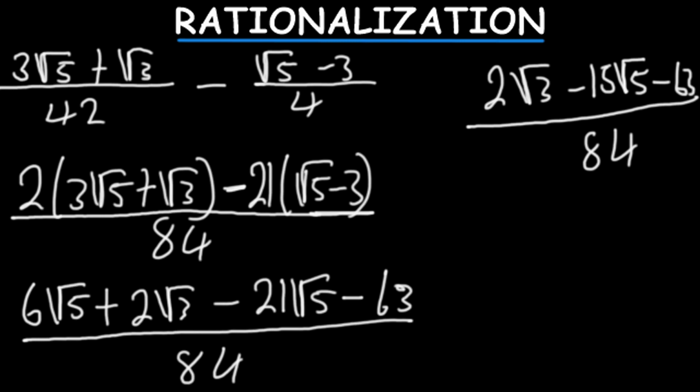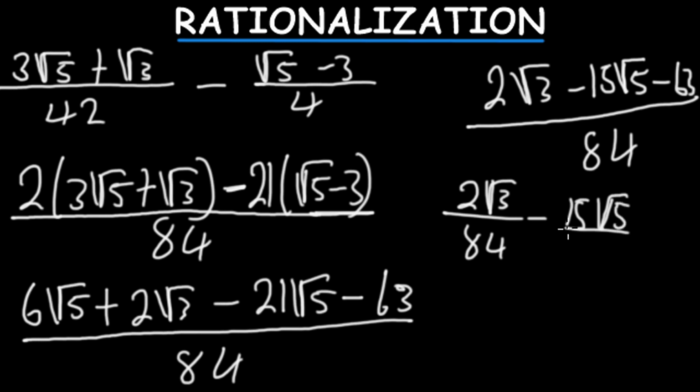But if you still want to move forward, you can simplify this by distributing the denominator over everything. You are going to have 2 root 3 over 84, then minus 15 root 5 over 84, then minus 63 over 84.